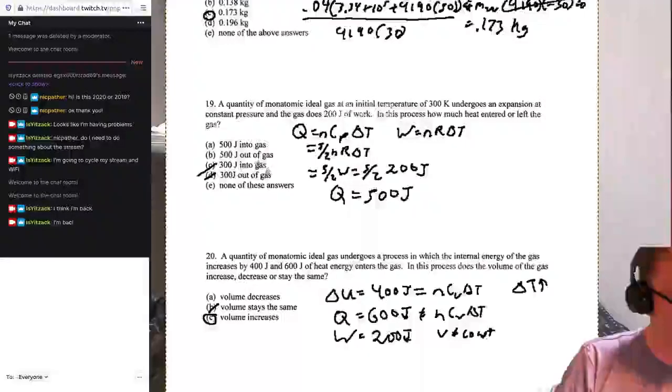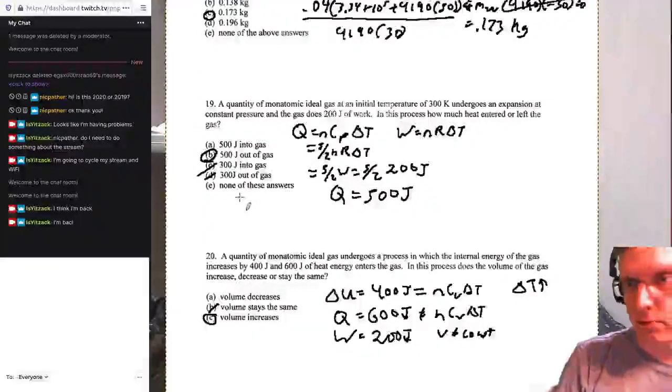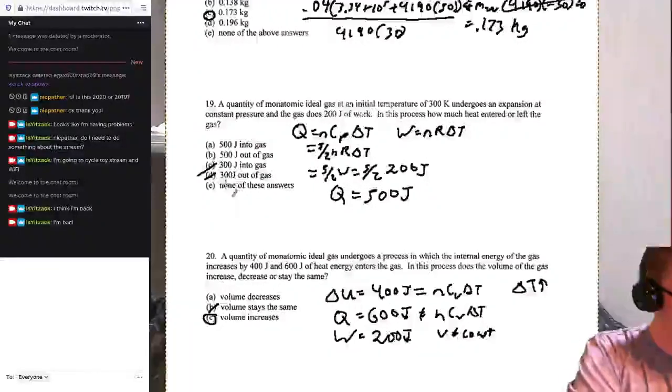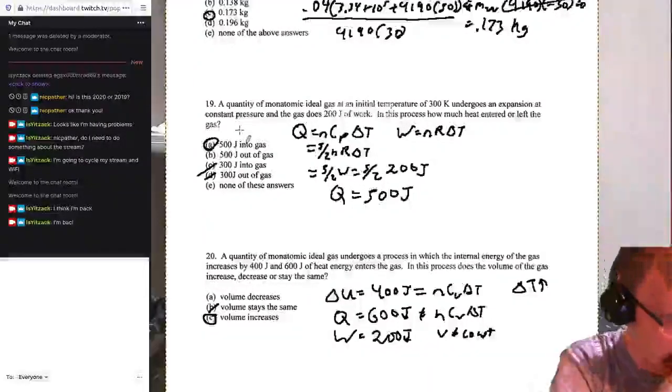So did it come into or out of the gas? The gas does 200 joules of work, so that should be energy coming out of the gas, yes? Uh-oh. Nope, it's going into the gas. That's work coming out.